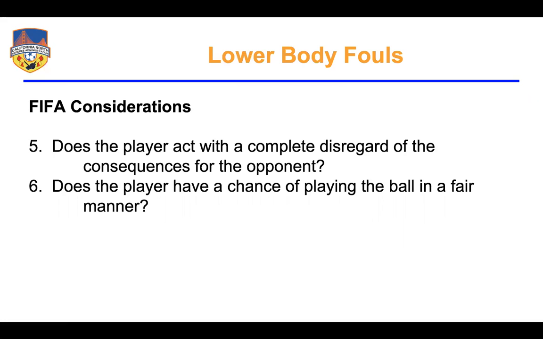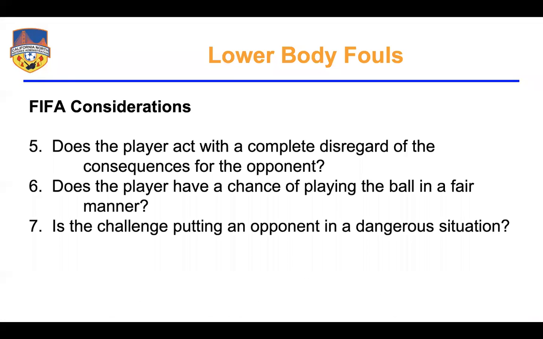So recognizing when a foul occurs is actually starting ahead of the challenge and recognizing moments of play where a defender doesn't actually have the ability to fairly play the ball or to play the ball in a safe manner. And recognizing those situations helps you to know what to look for so that when a player does commit a tackle, you can know, yeah, you shouldn't have committed that tackle, and you're going to call a foul.